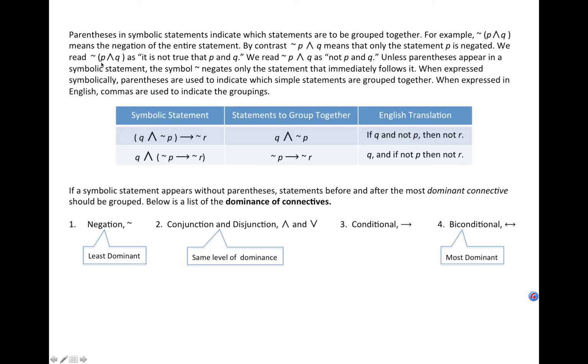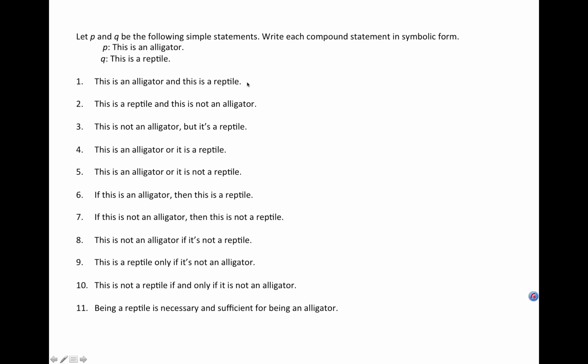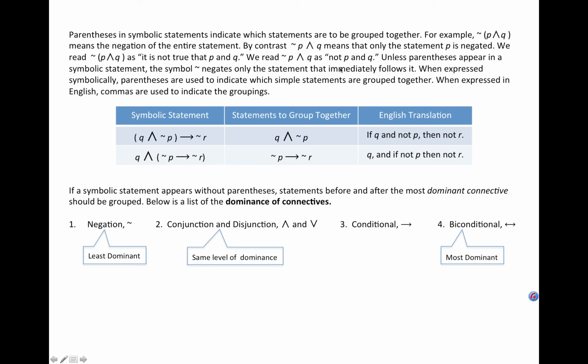We read this as it is not true that P and Q. We read this as not P, and Q. Unless parentheses appear in a symbolic statement, this symbol negates only the statement that immediately follows it.